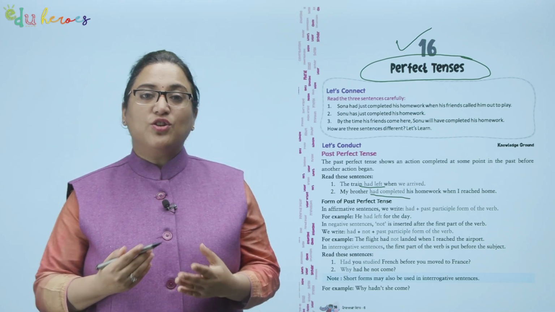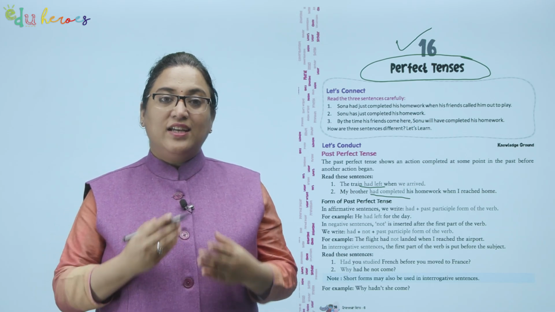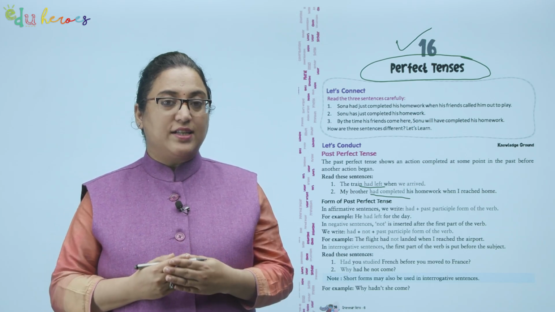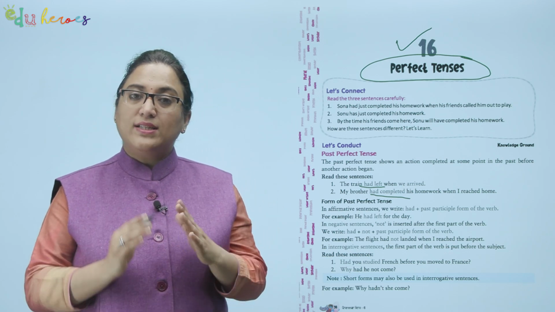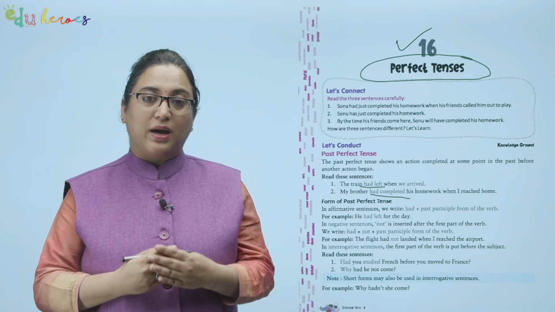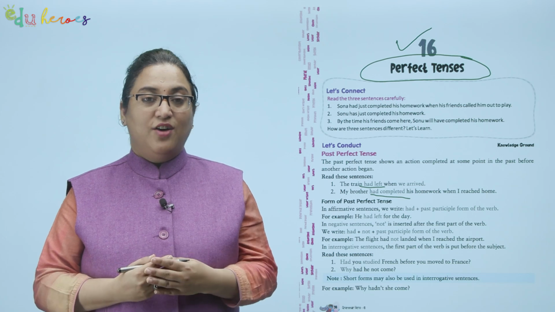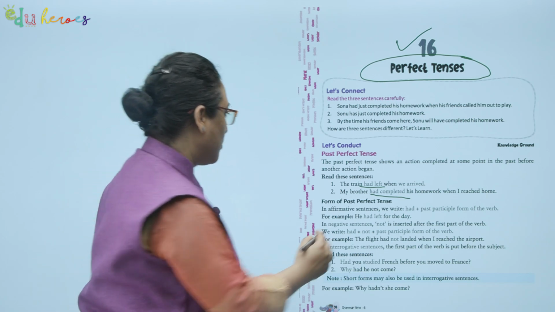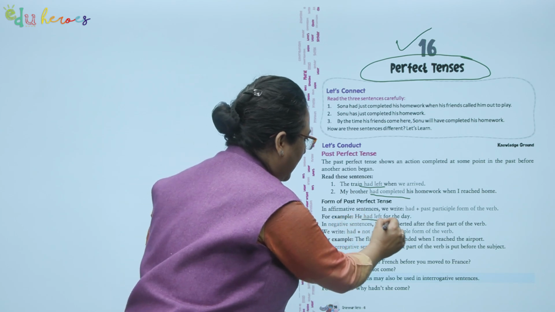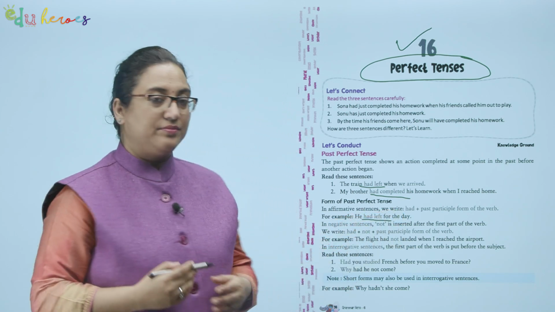Now there are forms of past perfect tense. In the affirmative sentence, that is positive sentences, we write had, always had, plus past participle form of the verb. For example, he had left for the day. So this is like a combination that goes along together.